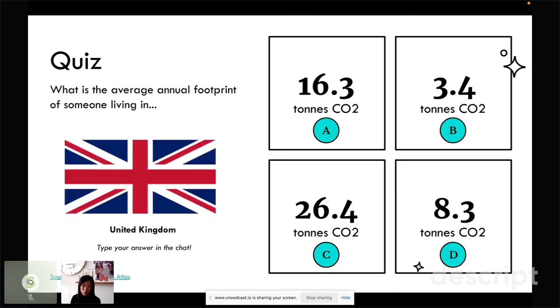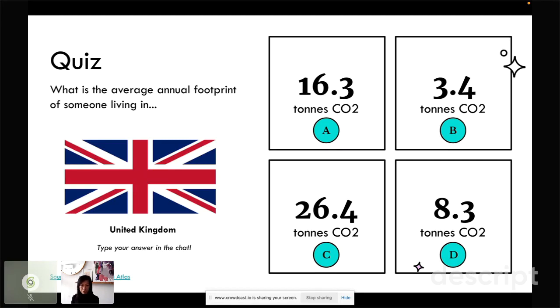Now, I have a couple more questions, so let's get through this together. What do you think the average annual footprint of someone living in the United Kingdom is? Now, remember, 1 ton is 1,000 kilograms, and the first one is always a little bit of a guess. Once you have context, then you can make a better, more informed guess. But we already have one answer.